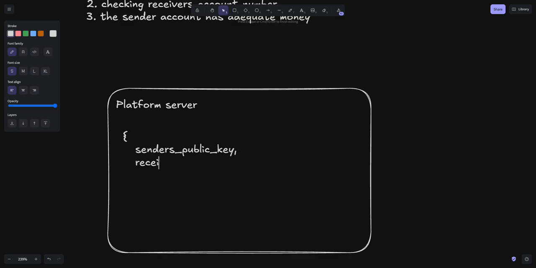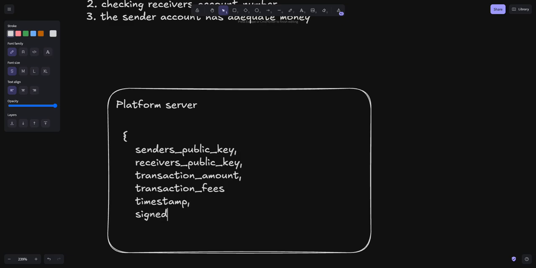The receiver's bank account is the receiver's public key. From now on I will use public key in place of bank account. The next thing is the transaction amount, how much money you need to transfer. Transaction fees, I don't think there is a need for explanation here. Then it takes the timestamp when the amount was transferred, and it takes something very important.